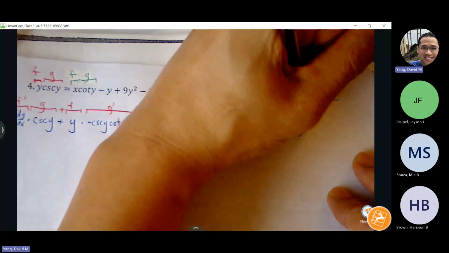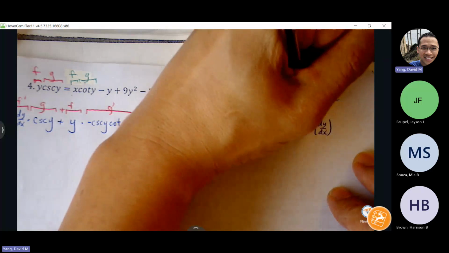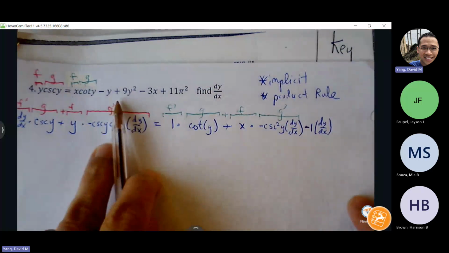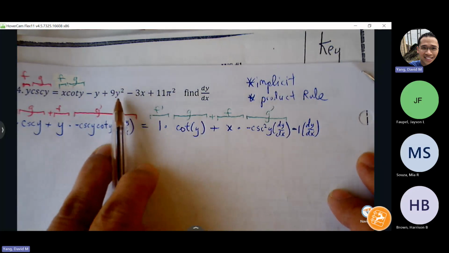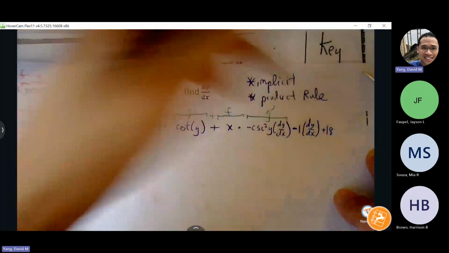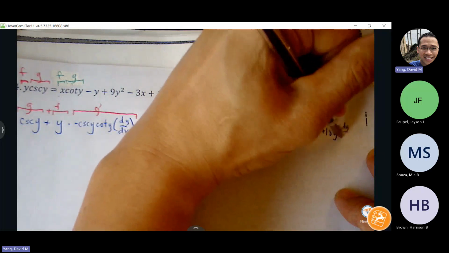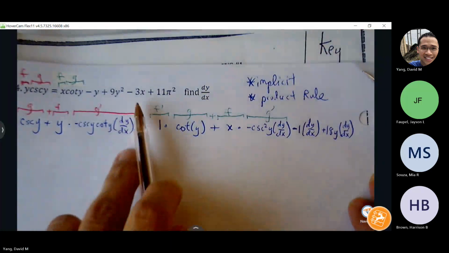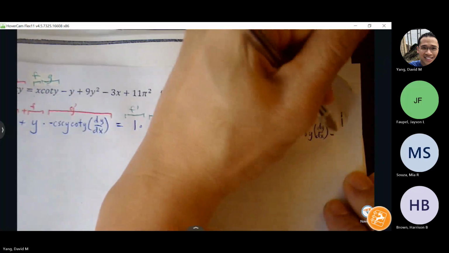Negative y becomes negative 1 dy dx, or minus 1 dy dx. 9y squared becomes 18y. Again, y variable is going to produce a dy dx. So 18y, we find the derivative first, and then we attach dy dx. Negative 3x becomes negative 3.